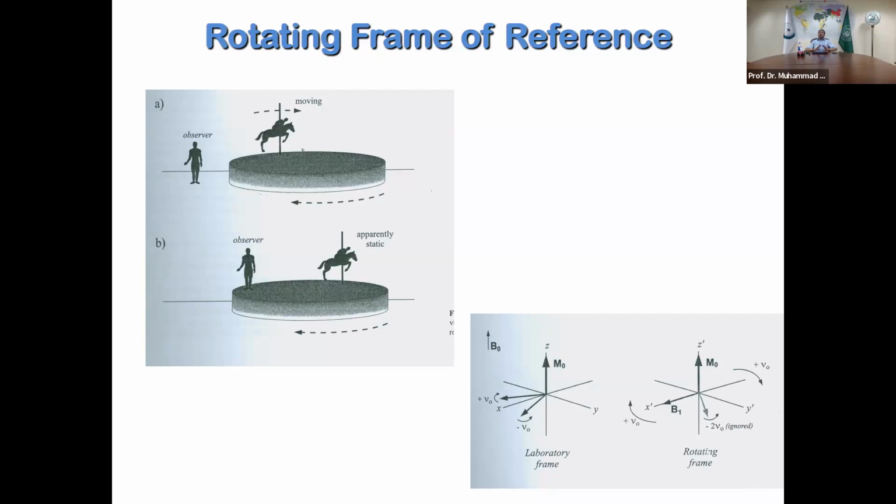Okay. So, in order to make life easy and to make the mathematics easy, the concept of the rotating frame of reference was developed. You can see a laboratory frame of reference here.